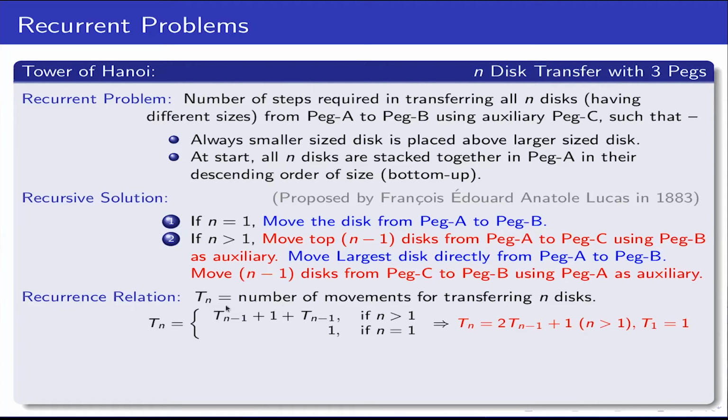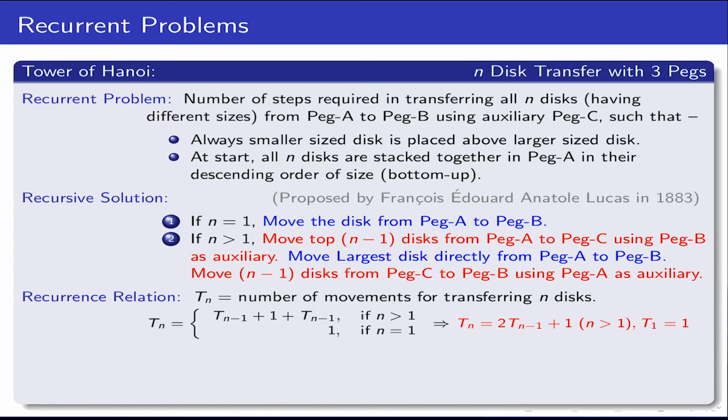So this is Tn minus 1 for the n minus 1 disk movement, the first red one, plus 1, this one, and this is the last red one. T1 is 1 for n equal to 1, as you can see, I just have to directly move it. This is my base condition. So if you simplify it, it is Tn equals 2Tn minus 1 plus 1 for n greater than 1, and my base condition is T1 equals 1.